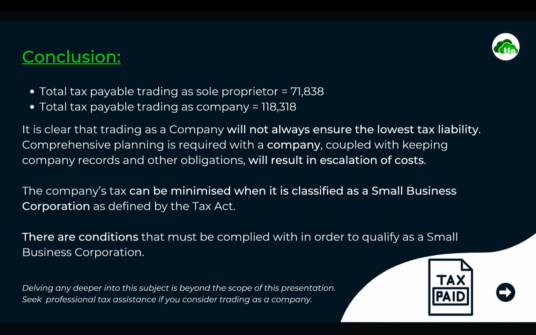Only a limited number of companies qualify as a small business corporation due to all the conditions that must be complied with. Delving any deeper into this subject is beyond the scope of this presentation, and I would advise you to seek professional tax advice if you consider trading as a company.